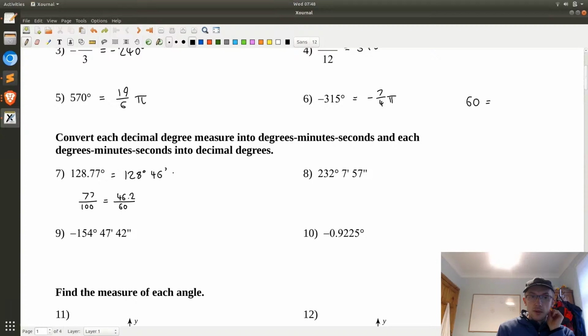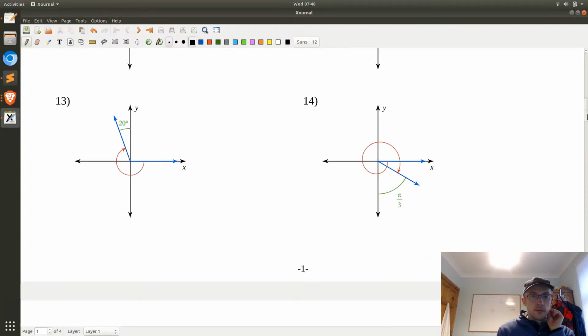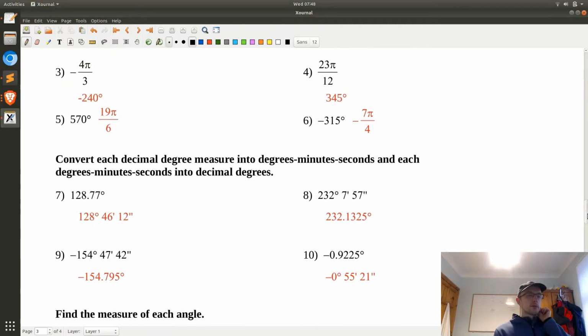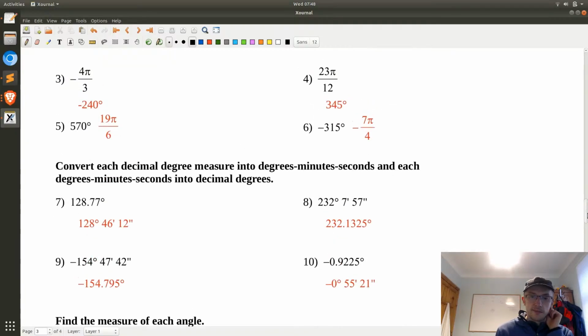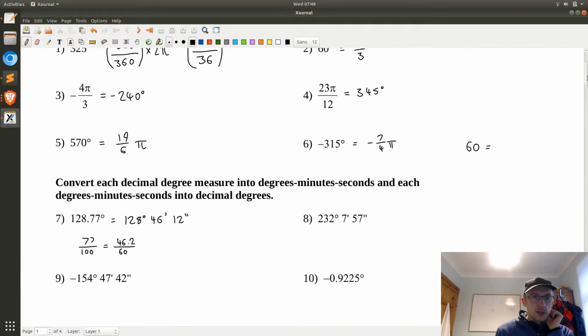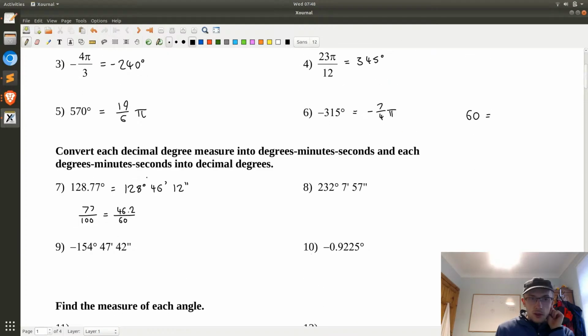Something I haven't done before. It's the first time for everything. Let's see. Okay, bingo. That's actually right. This is better than I thought. 128 degrees, 46 minutes, 12 seconds.